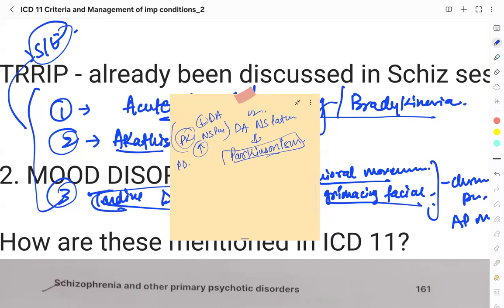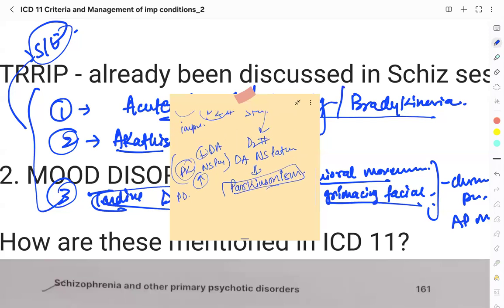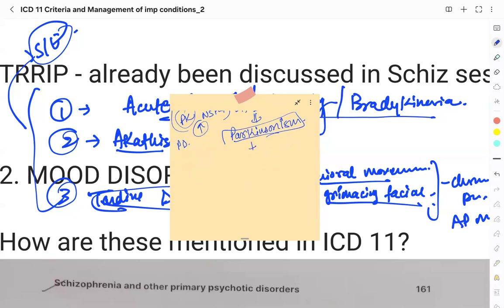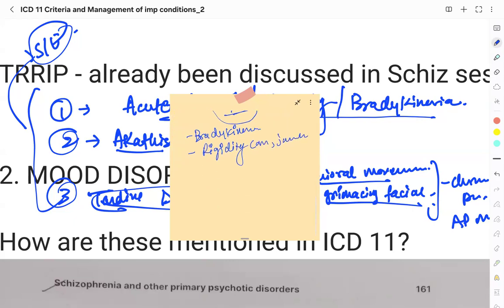All right. Now, because of blockage of D2 receptors on nigrostriatal pathway, we'll have movement problems here. They will be very similar to what you see in Parkinson's disease. You will see bradykinesia. They will walk very slowly. You will see rigidity present in their arms, usually in their joints, even in legs. There will be tremors in these patients.